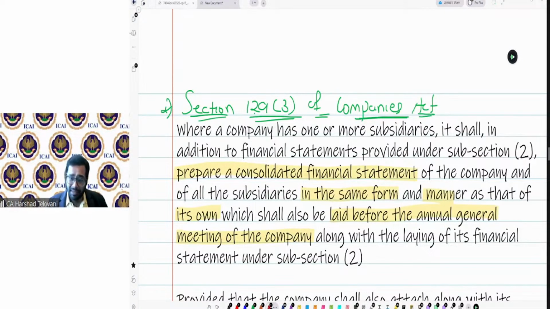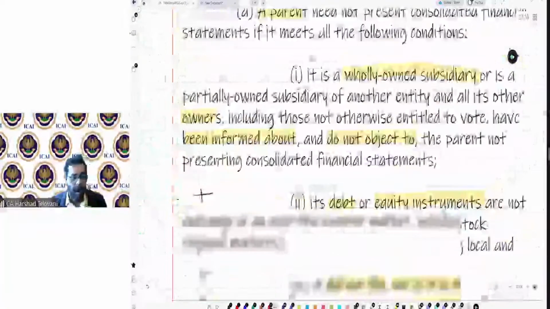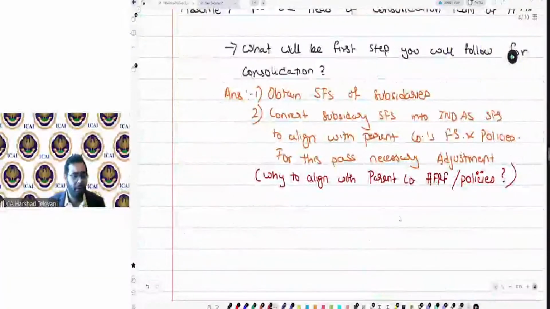Section 129(3) itself, first of all, talks about the manner of preparing consolidated financial statements. Before I go to India, before I go anywhere else, it's written in 129(3) itself. Why I adopt the financial reporting framework and the policies of the parent.